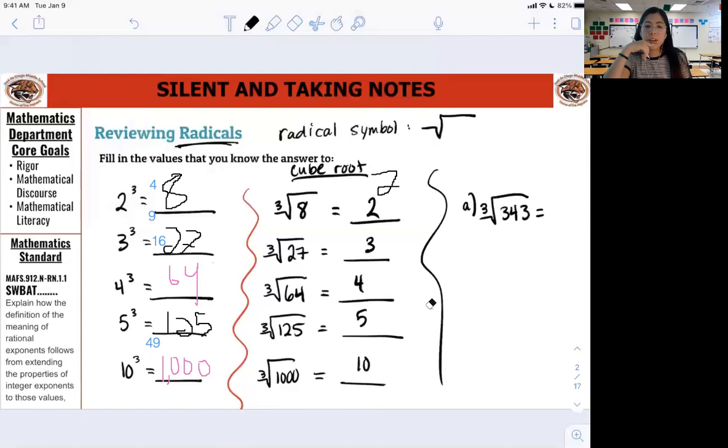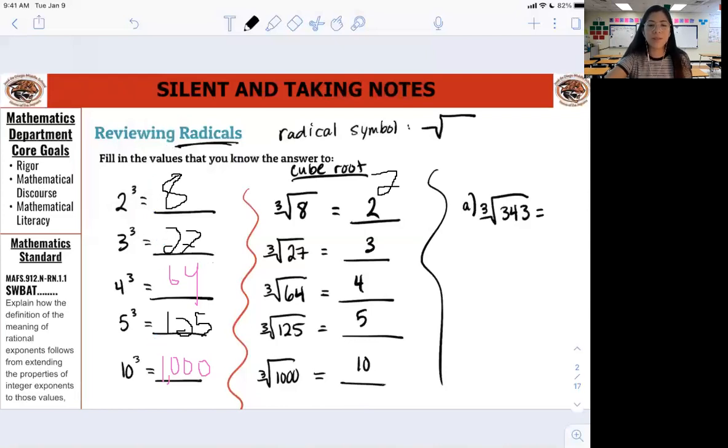I think you would have to divide it 3 times by 3. No, because that's not how that works. Remember, what is the opposite of multiplying a number by itself 3 times? Dividing itself by itself 3 times?